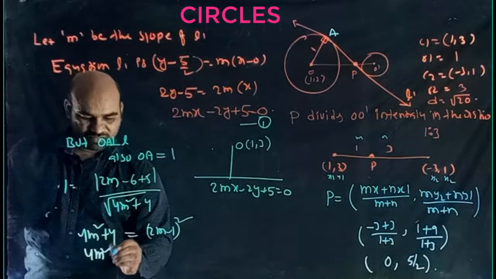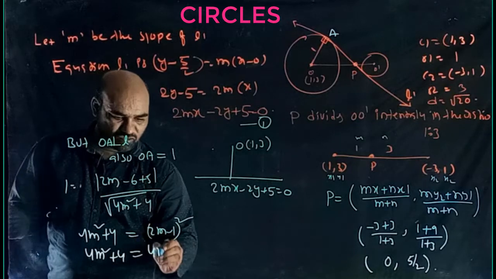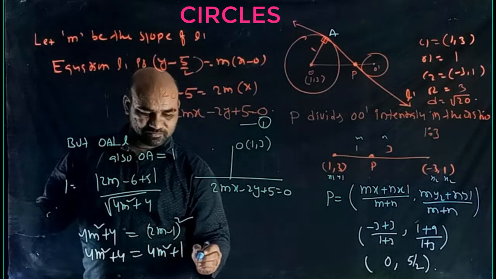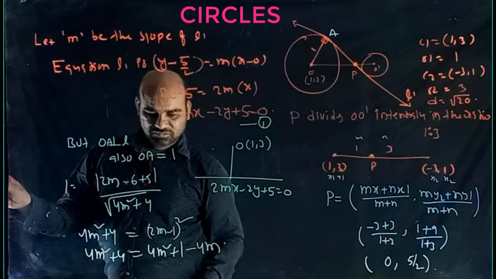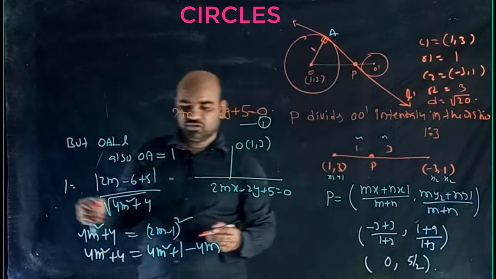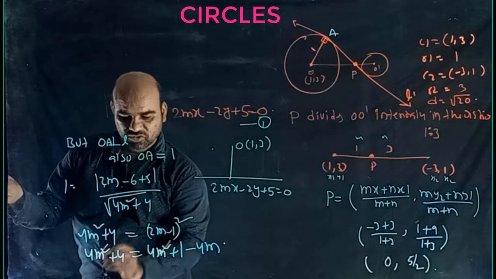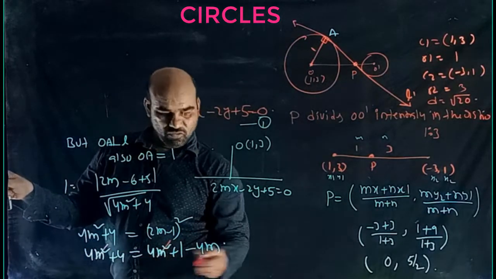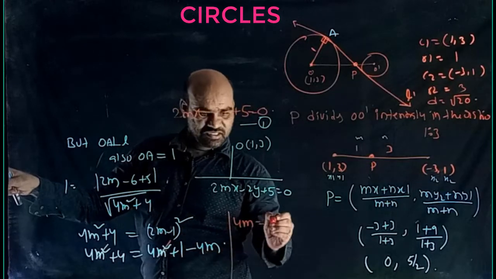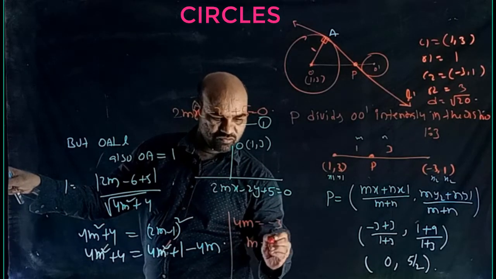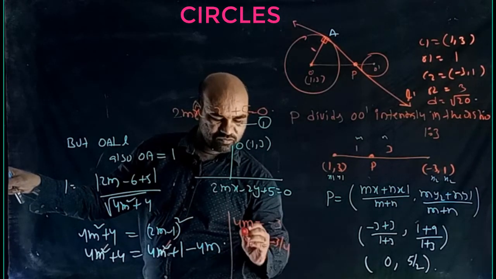Squaring directly, 4m square plus 4 equals (2m minus 1) square, which is 4m square plus 1 minus 4m. Here m square and m square get cancelled. So 4m is equal to minus 3, m equals minus 3 by 4.